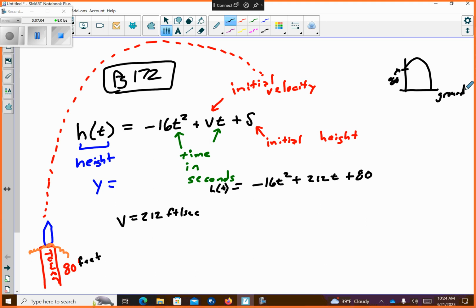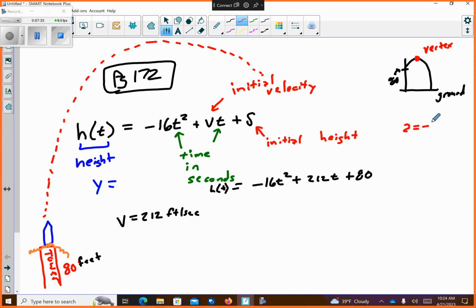So the first thing it says, we want to find the maximum height. So I bet you could answer this question. What would this point right here be called as far as a parabola goes? What is this top red point going to be called as far as the parabola goes? Vertex. Okay? So if that's called the vertex, then I can label a few things.